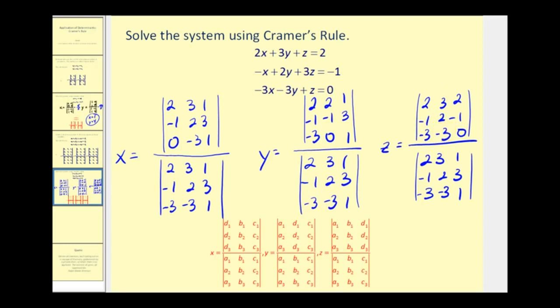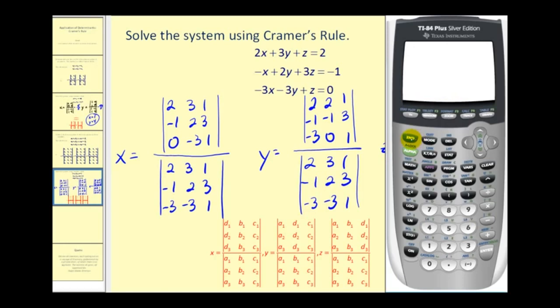Let's go ahead and evaluate these on the graphing calculator. So we'll press second, matrix, go over to edit, press enter. Let's calculate the denominators of all of these first.